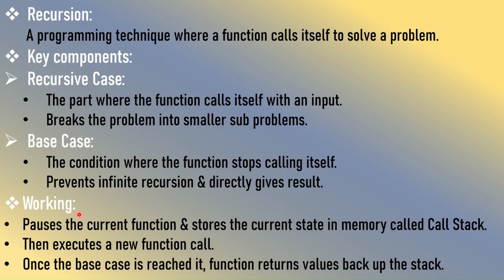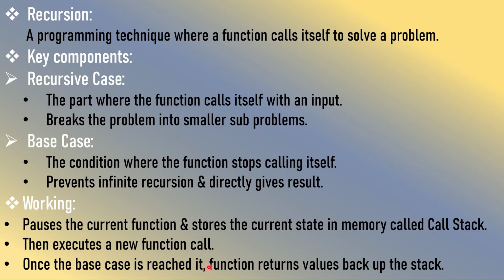When it comes to working, first of all, it pauses the current function and stores the current state in memory called the call stack. So whenever a new function is called, the current function execution will be paused and it will store the current state in a memory called the call stack. After storing that current state, it starts executing a new function call and keeps on executing the function calls.